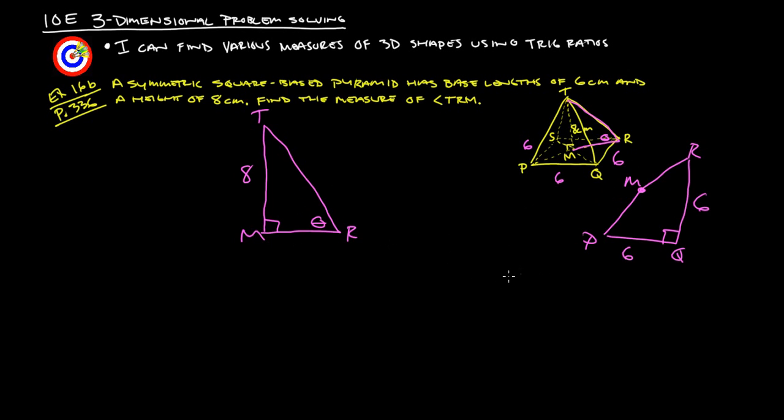So A squared plus B squared equals C squared. So 6 squared plus 6 squared is C squared. 36 plus 36 is C squared. So that gives us 72 for C squared.